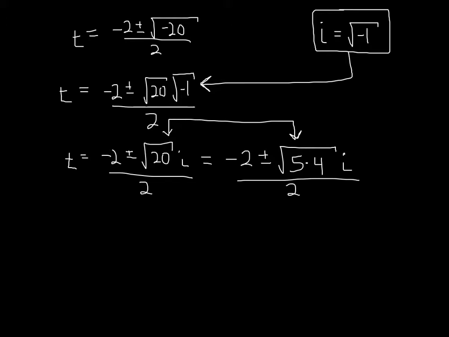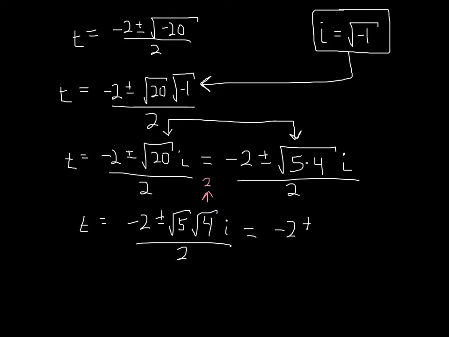I can take this and I can rewrite it as t is equal to negative 2 plus or minus the square root of 5 times the square root of 4 times this i, all divided by 2. I know what the square root of 4 is. The square root of 4 is going to give me 2. So I can plug that in. And I get negative 2 plus or minus 2 times the square root of 5 times i.